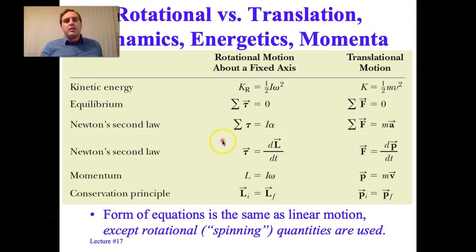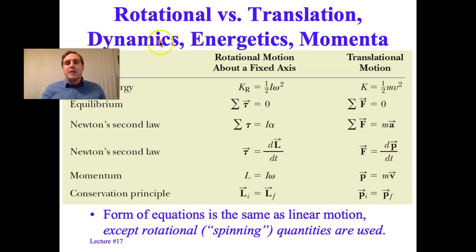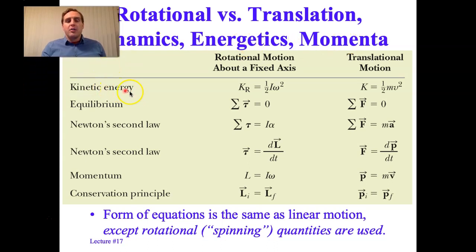I want you to note the analogies between rotation and translation. That is dynamics, energetics, and momenta. Look here. Notice kinetic energy, equilibrium, Newton's second law, momentum, and the conservation principle. These are the equations I recently went over for rotation, and notice they have very analogous looking equations for translation.